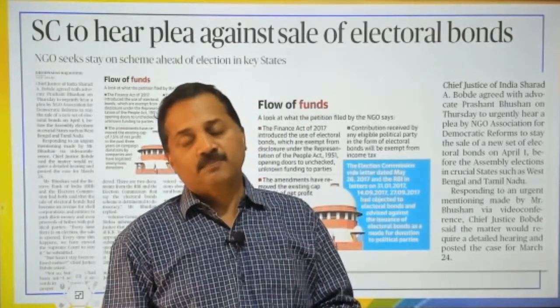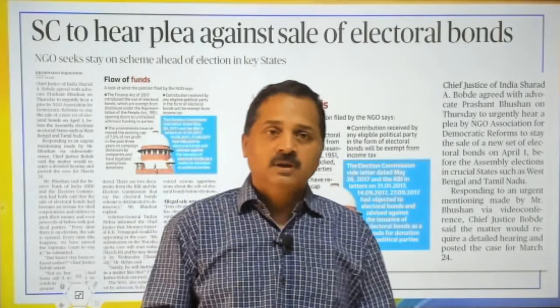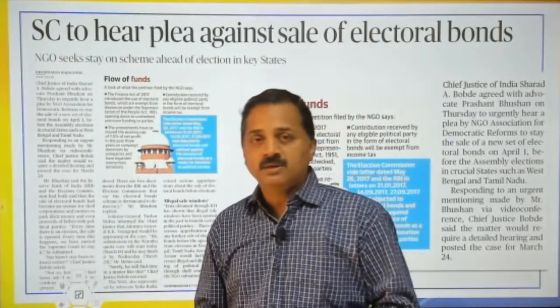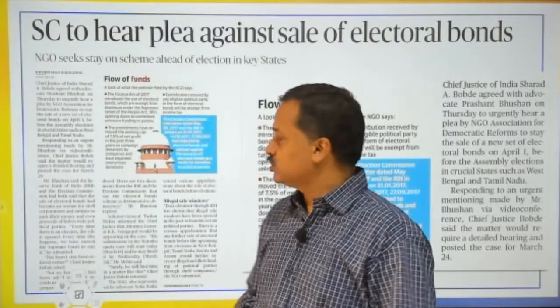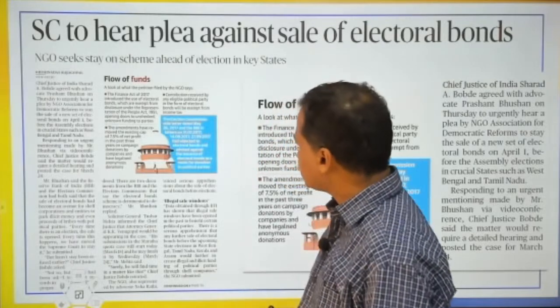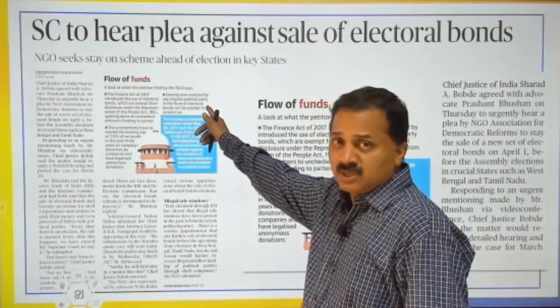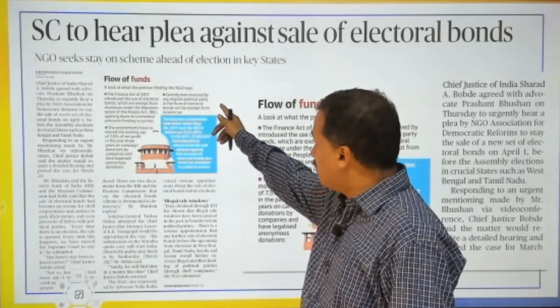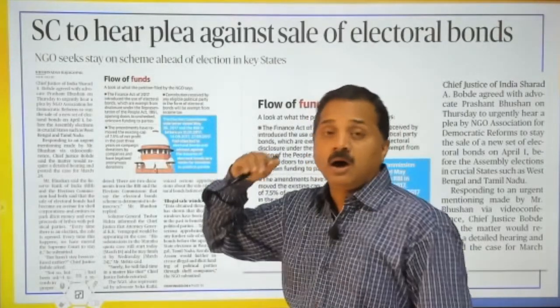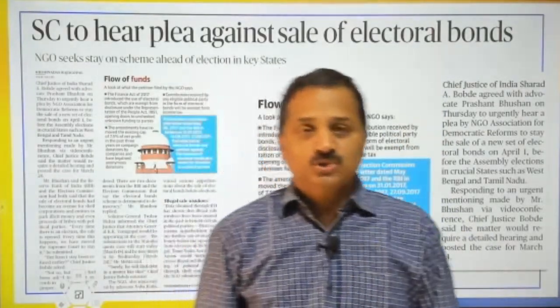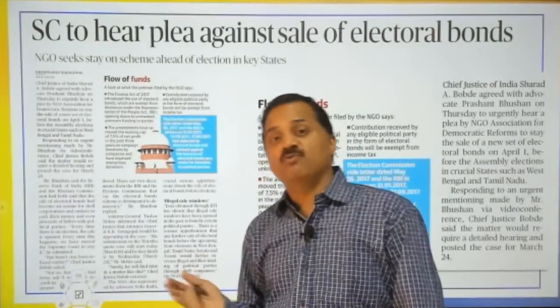So, in fact, this has led to more disguised funding to political parties, and subscription of electoral bonds is exempt from income tax. So, look, this is a kind of shadow funding.